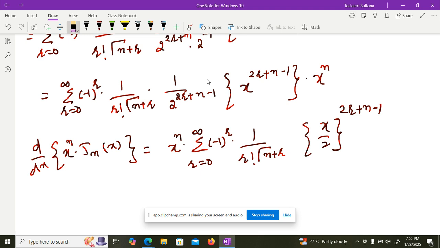The next step we will take. According to the definition, we need here n plus r plus 1.